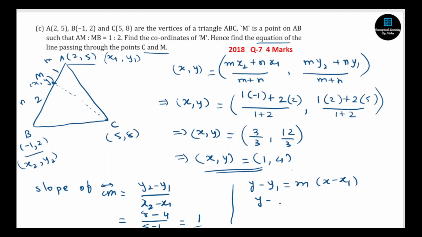I can substitute any value. But remember, if I take x1, y1 as M, then I have to take that. So y minus 4 equals to 1 into x minus 1. And on simplifying that, I'll get y equals to x. This 4 goes along the other side and that is 3. So y equals to x plus 3 is the equation of the line passing through point C and M. I hope you understood this. Okay. Alright.